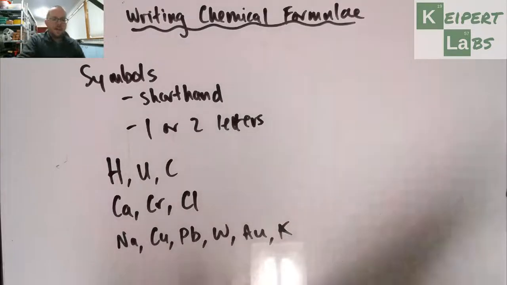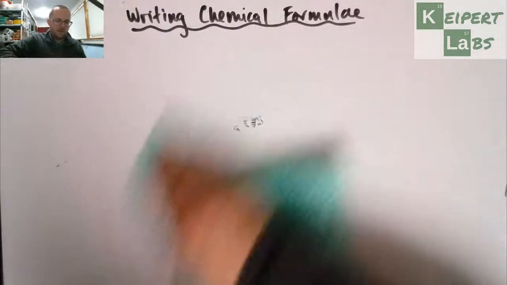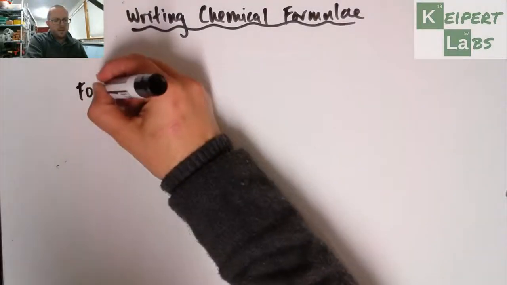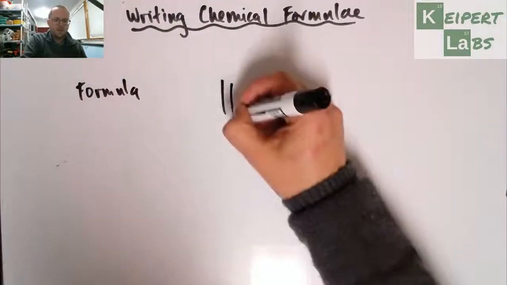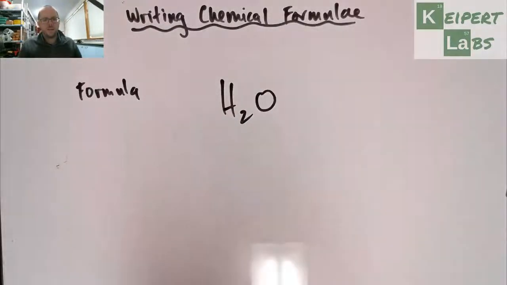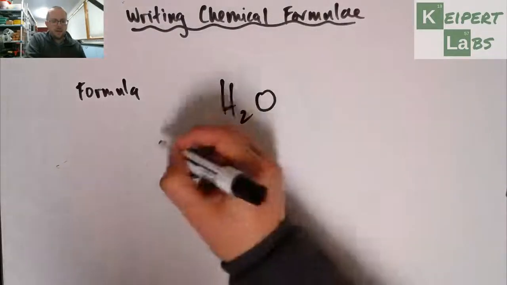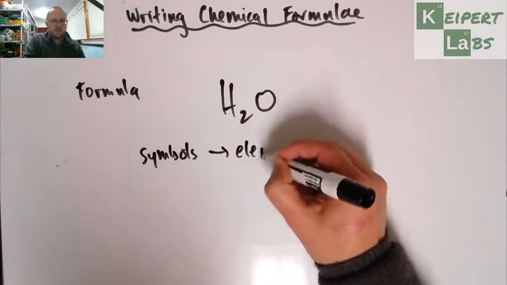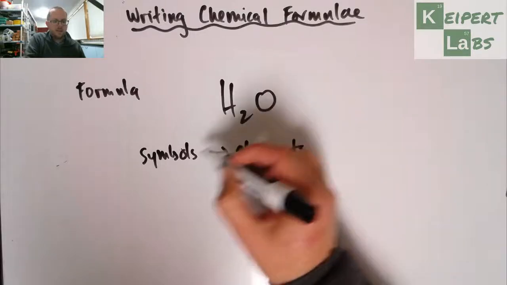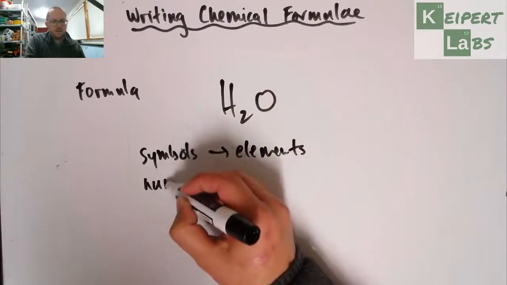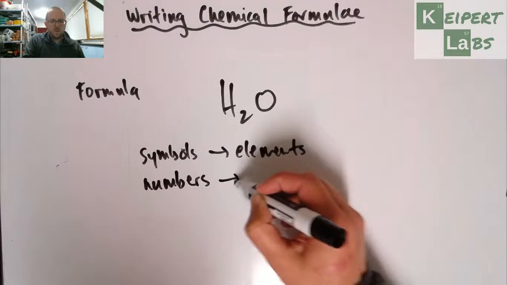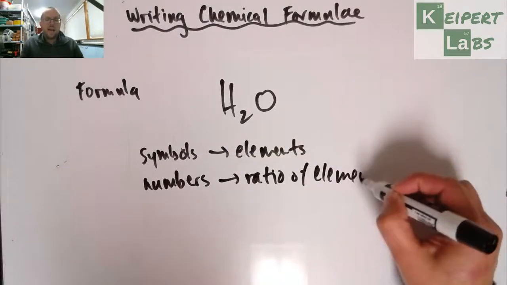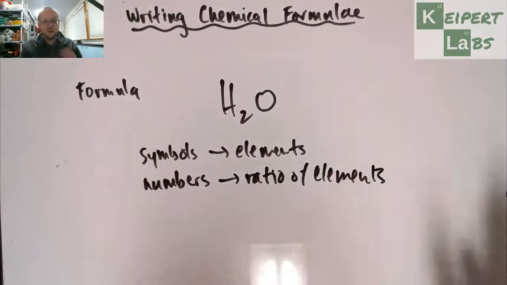Okay, so now we have a look at what we mean by a chemical formula. I'm going to take the example of H2O, something that's very familiar to us for water. It has the symbols which tell us which elements there are, and it also has numbers which tell us the ratio of elements, like how many of this element to how many of that element, and so on.